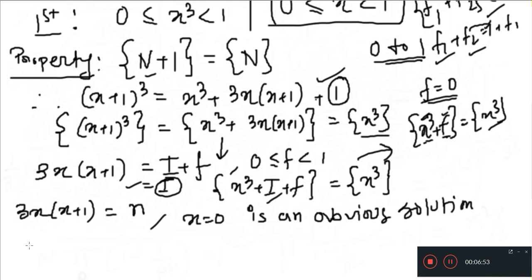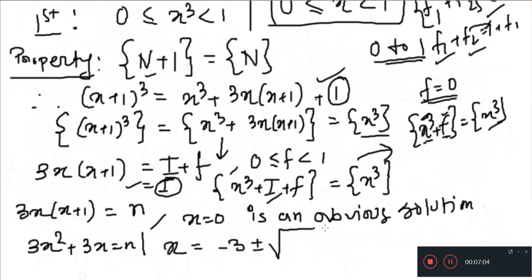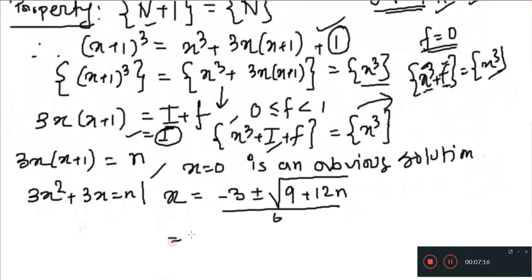Now you can just dig about 3x square plus 3x equals n. Solve with the quadratic formula: b square minus 4ac, which gives you minus half plus minus the root, divided by 6.